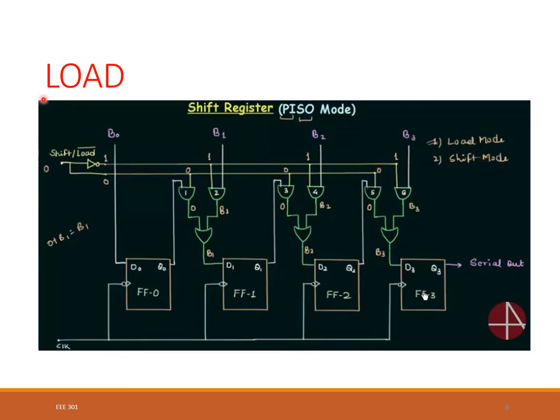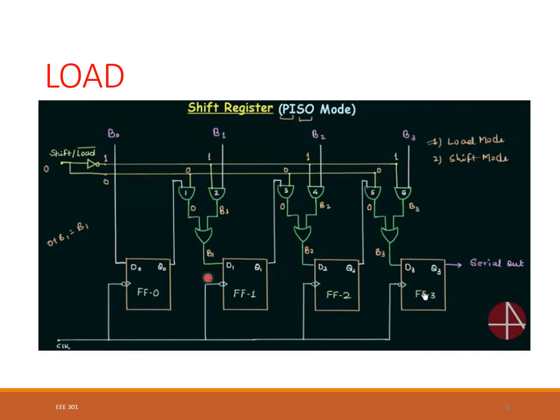So consider we give 0 initially, right? If we give 0, it will load the value, so that's why we wrote load mode. Okay, so if you give 0 here, this becomes 1, and here this becomes 1, here this becomes 1, right? And 0 goes here, so this is 0, this is 0, this is 0, right?